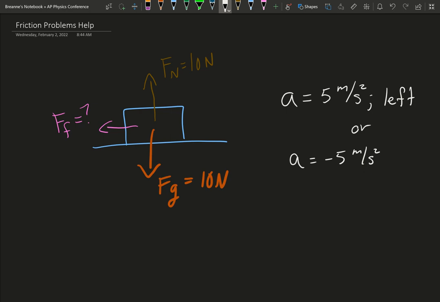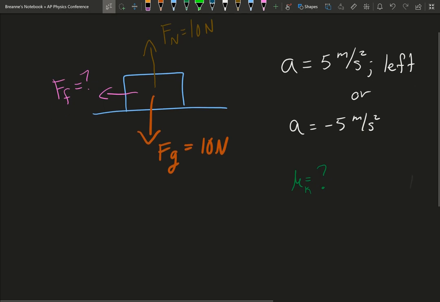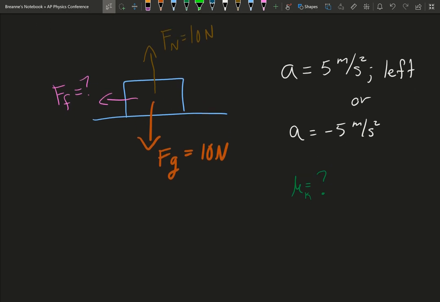What you're looking for is obviously your force of friction, and I also want you to find your coefficient of friction. Now, it is accelerating, so specifically this would be your coefficient of kinetic friction. So that's your little setup there.